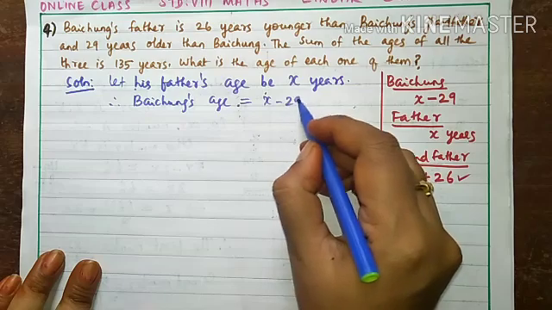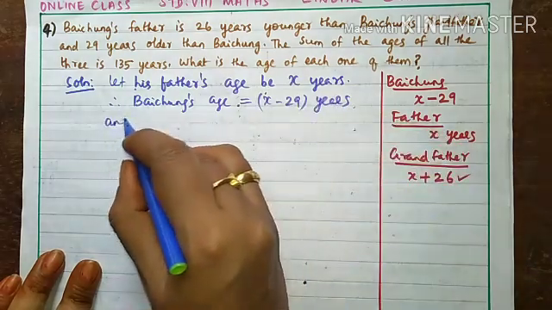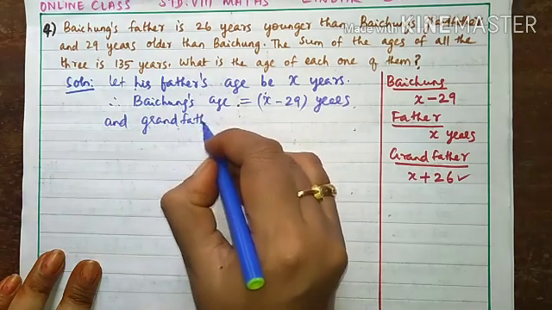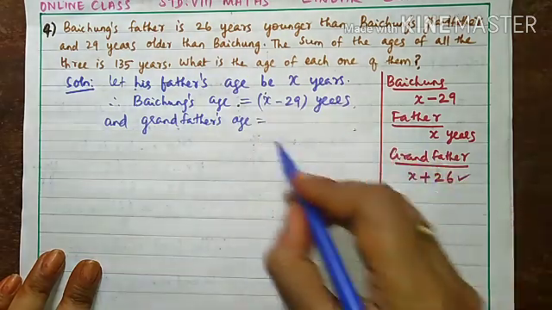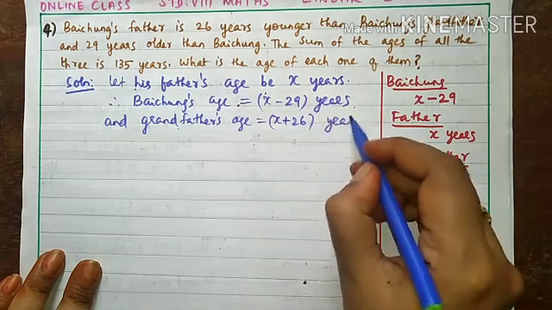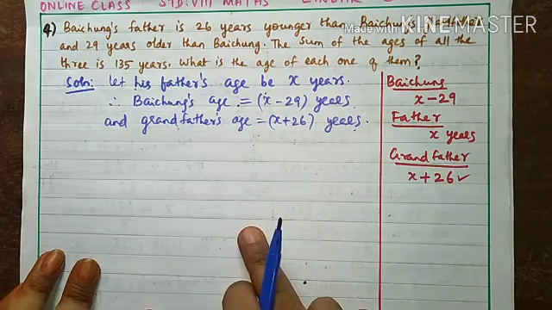X minus 29 years, and grandfather's age is how much? 26 more, that is X plus 26 years. So these are the three different values given from the question.